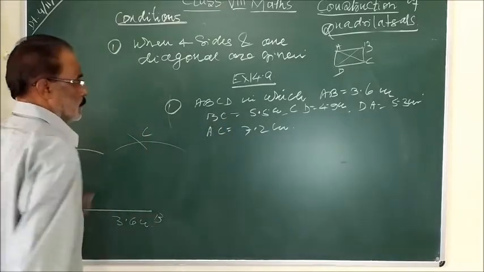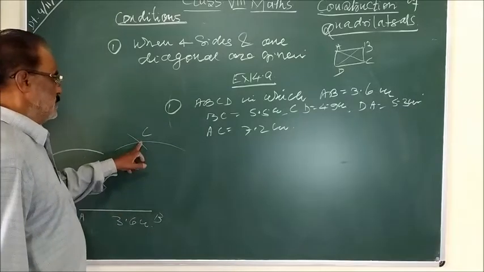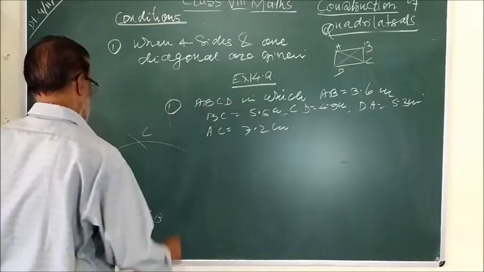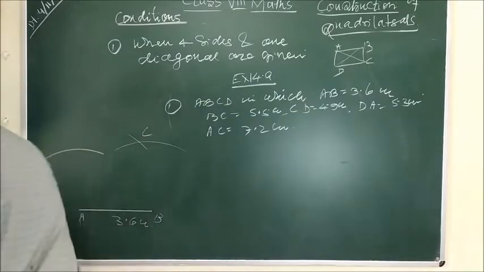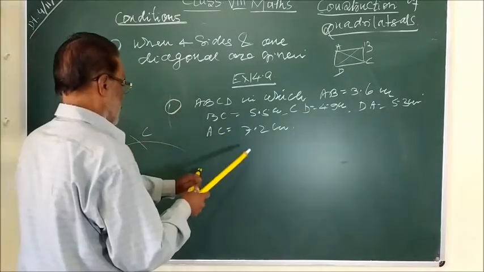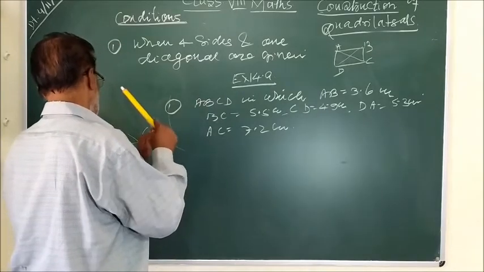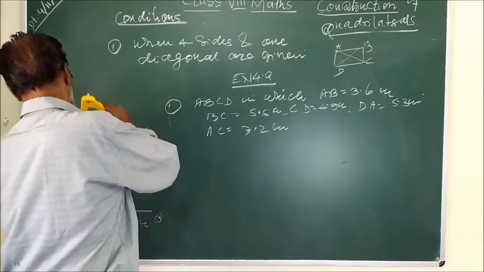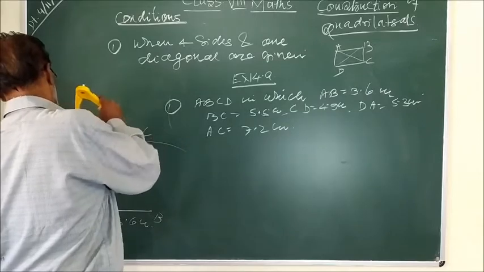Now we have got the point C. From C, you cut 4.9 cm, you measure 4.9, and this will be D.